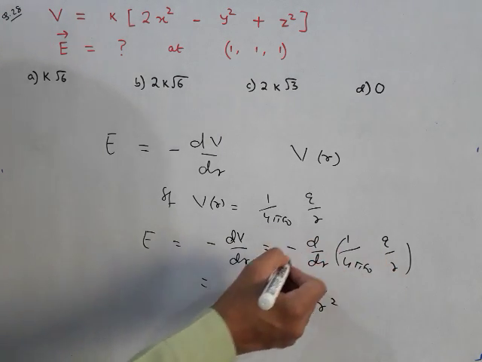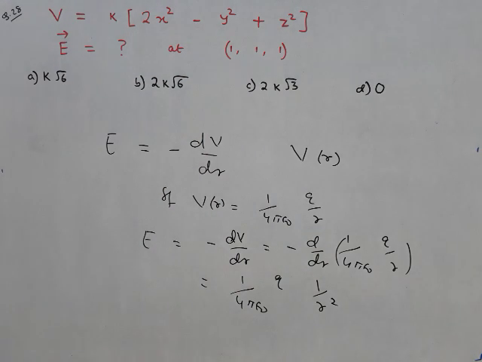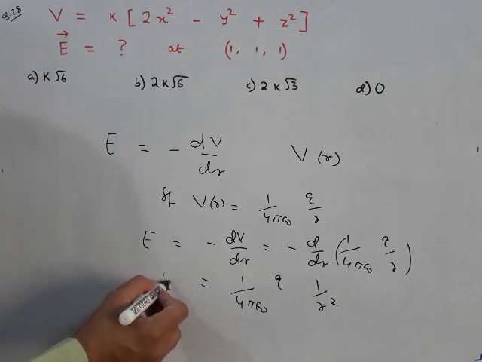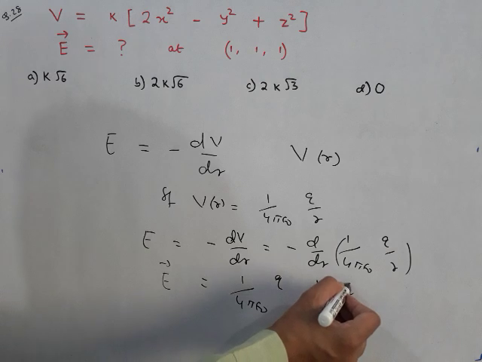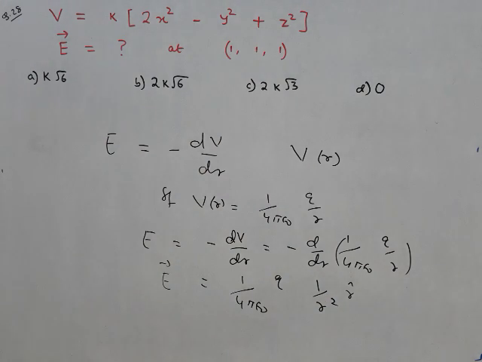But that minus and this minus becomes plus, so we get this particular answer. This gives the value of electric field, and if you want to write in vector form, we can associate a unit vector like so. I hope this is clear.